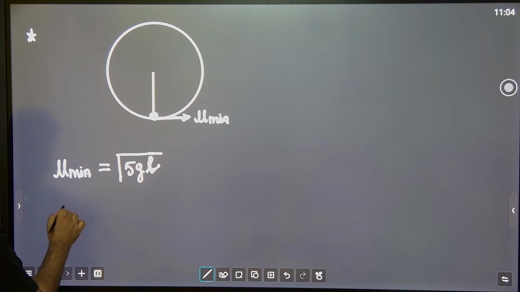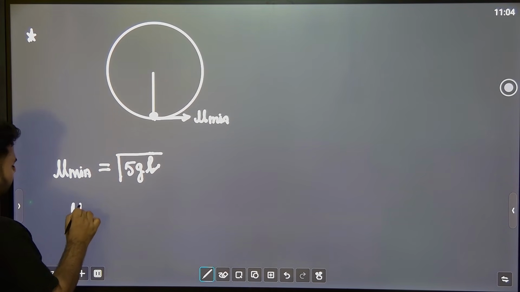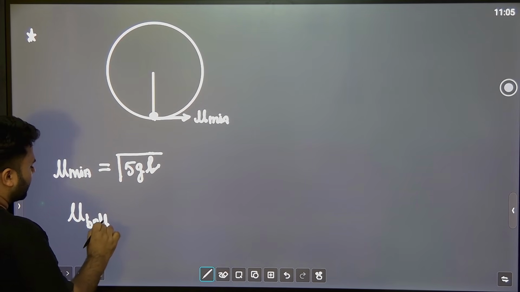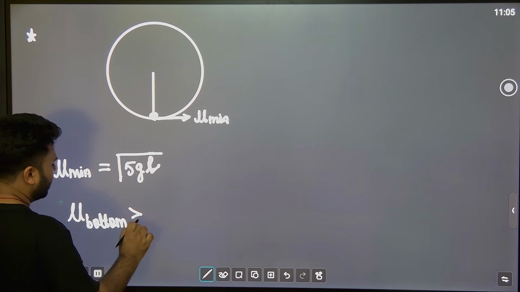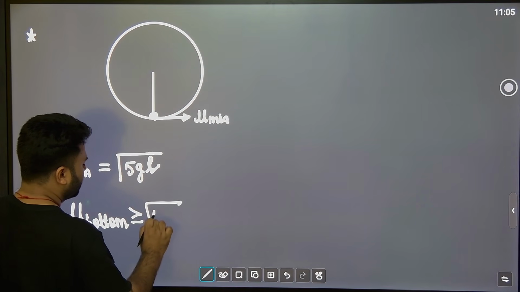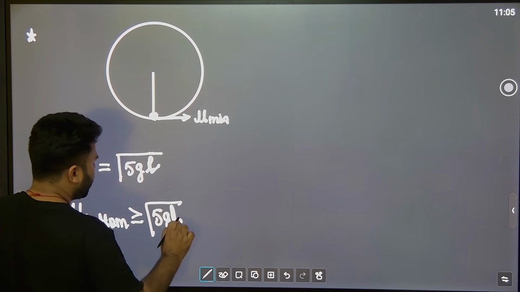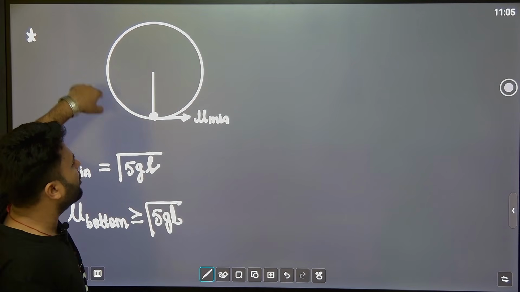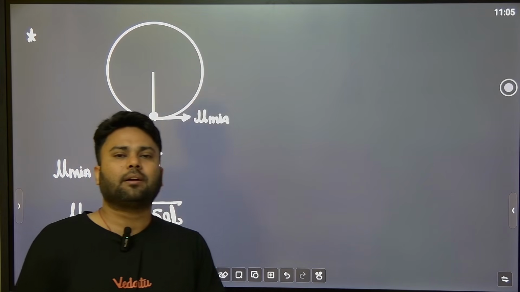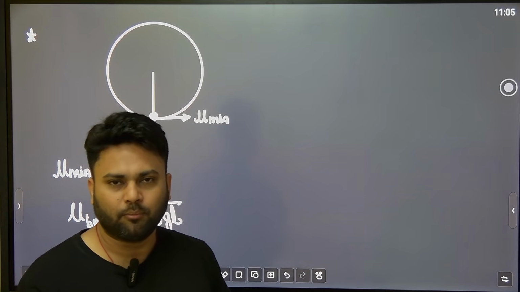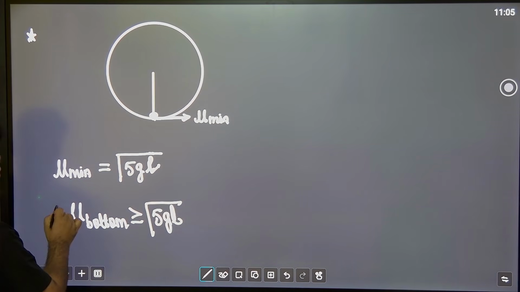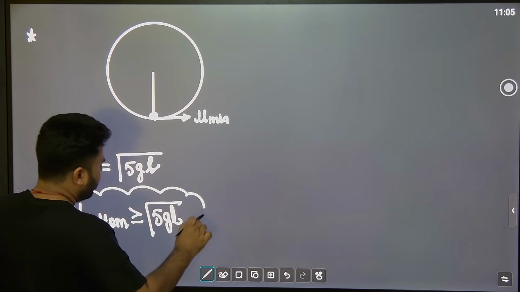Or you can write, in order to perform vertical circular motion, the speed at the bottom should be greater than or equal to under root 5 GL. Correct? So if you are giving this much speed, this object will perform complete vertical circular motion. Now what if you give speed less than this value?